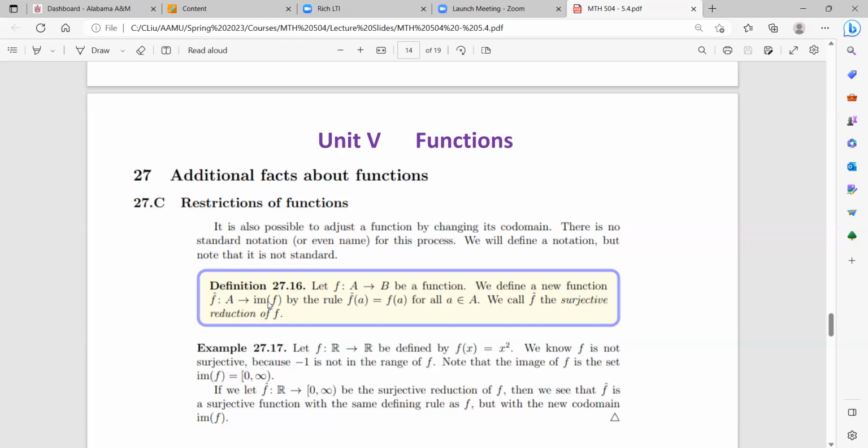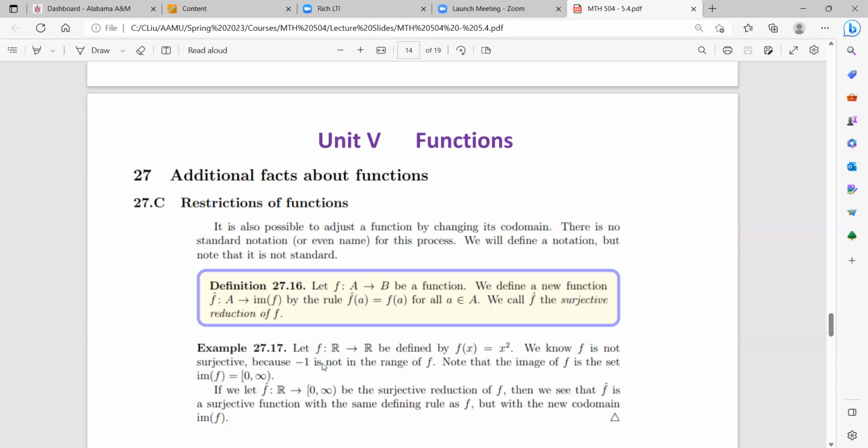Now this f hat is defined from A to the range of f, so it is onto now. This changes the function to an onto function. It may not be onto before. That makes sense, and we do need that kind of thing sometimes.